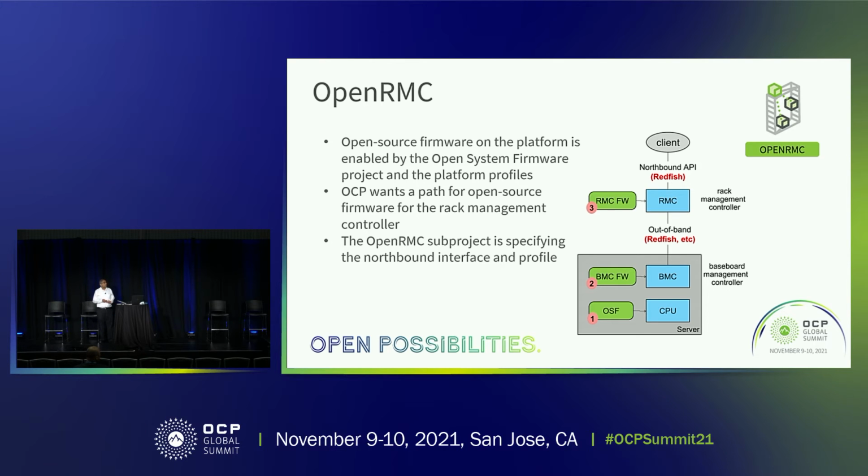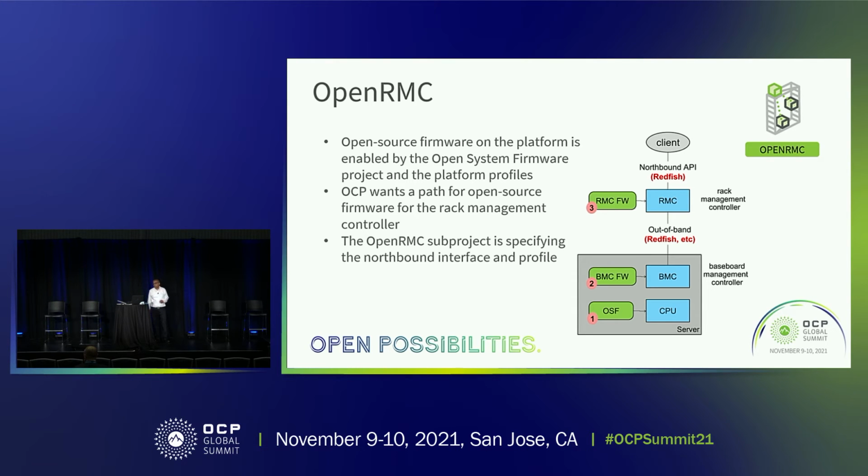The first sub-project that we have to talk about is OpenRMC. This is a sub-project that is focused on developing Rack Manager firmware that is enabled by the OSF project and its platform profiles.